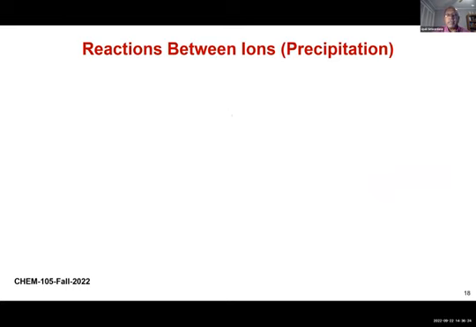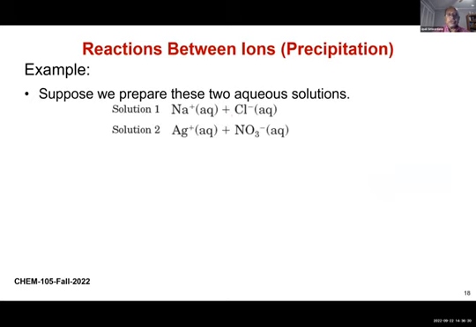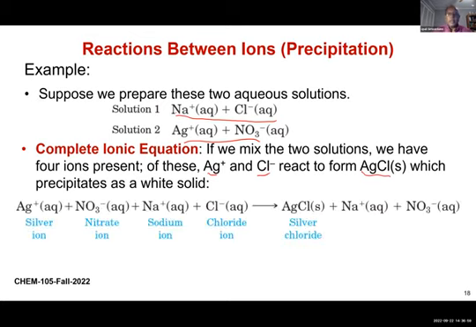Reaction between ions. Suppose we prepare two aqueous solutions, the same ones we are talking about, silver nitrate and sodium chloride solutions. If we mix the two solutions, we have four ions present. These react together to form silver chloride because silver chloride is an insoluble salt. Therefore, silver chloride is precipitating out. This is called the complete ionic equation.